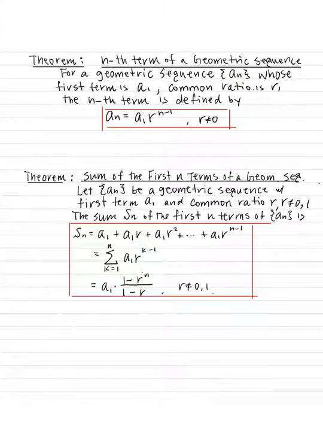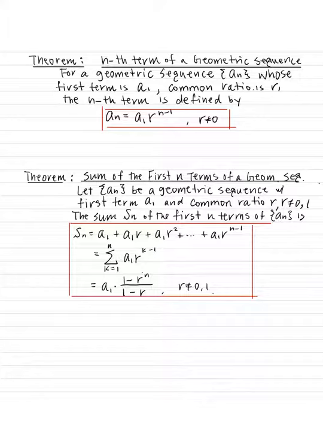Let's go with the theorem. Nth term of a geometric sequence. For a geometric sequence a sub n whose first term is a sub 1 with a common ratio r, the nth term is defined by a sub n equals a sub 1 times r to the n minus 1. Next theorem is the sum of the first n terms of a geometric sequence. Let a sub n be a geometric sequence with first term a sub 1 and common ratio r.